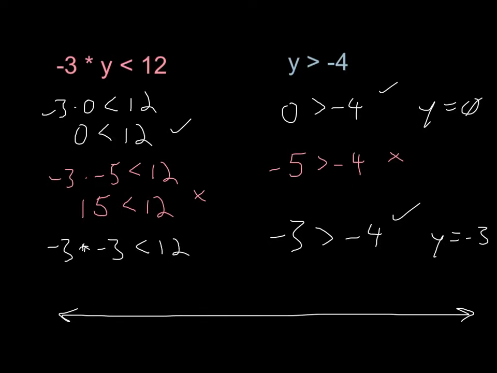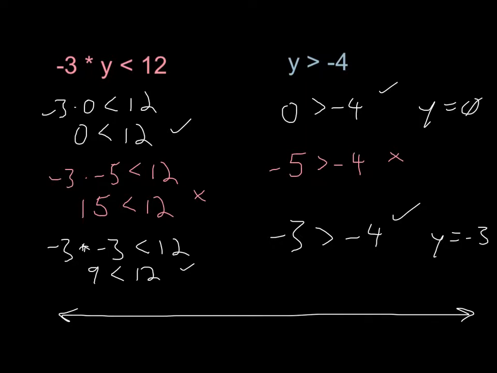Again, a negative times a negative is a positive, so I get 9 is less than 12. That's also true. So what we're learning is that when I have a negative on the left-hand side multiplied by our variable, and I need to get rid of it, I'm going to have to flip that sign around.